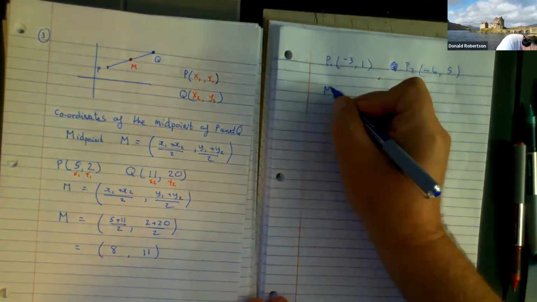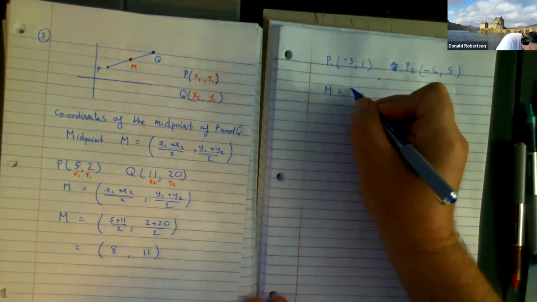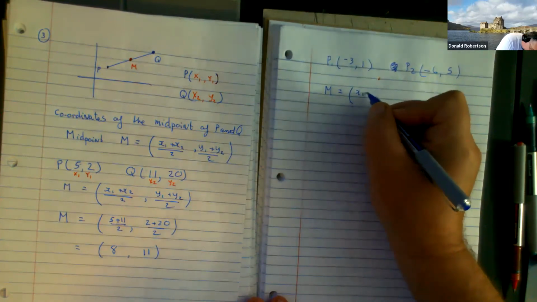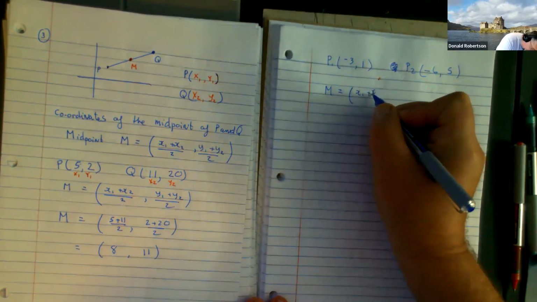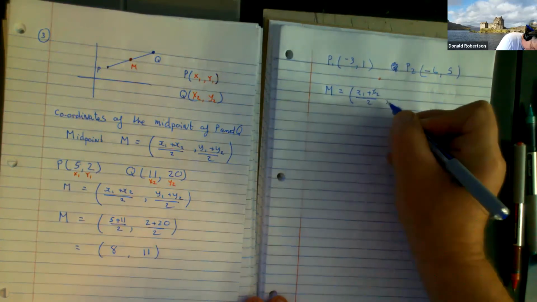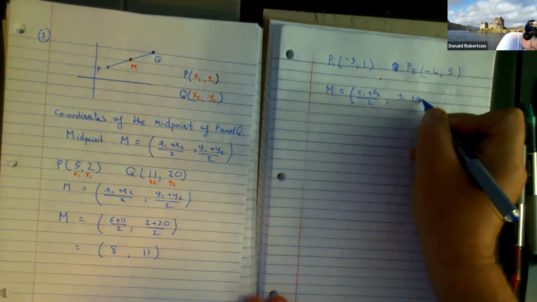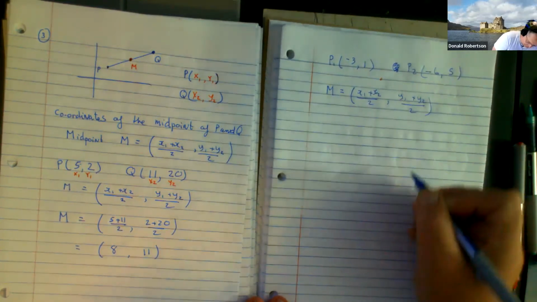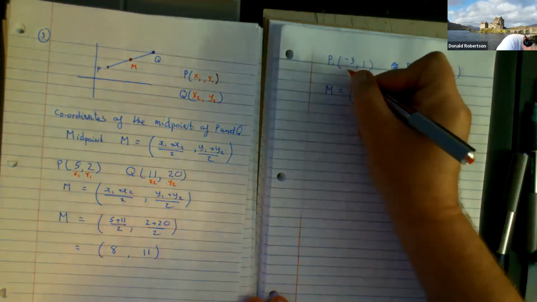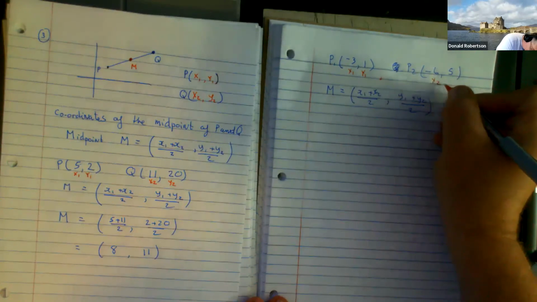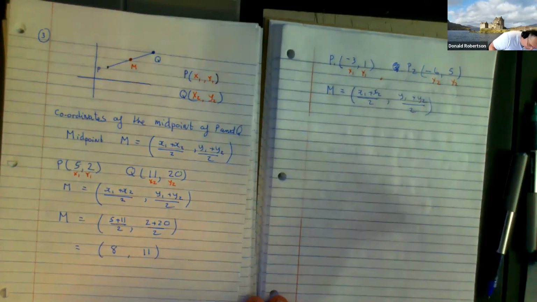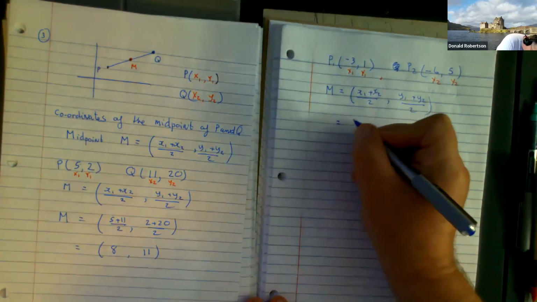Then the midpoint is going to be: add the x's together and half it, add the y's together and half it. And there is your x1, y1. There is your x2, y2. So let's see what the midpoint looks like.